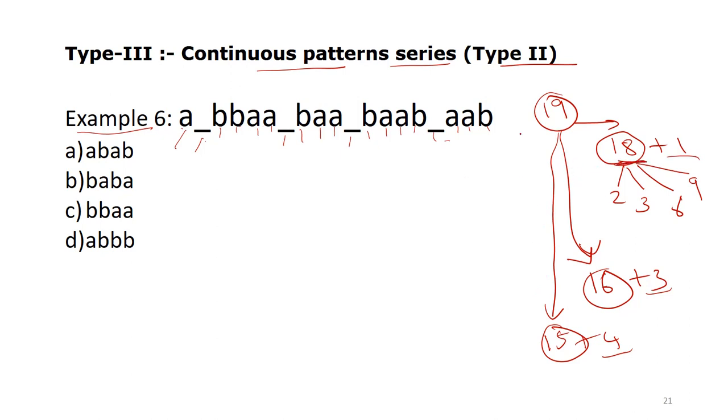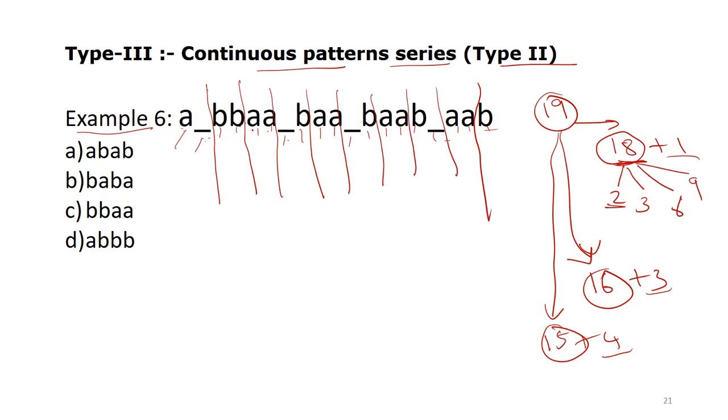Now let me start with 18 plus 1. That means the last one I'm keeping aside. Now I can go with groups of 2 and check. If you see this, A is common, and before BB is there.